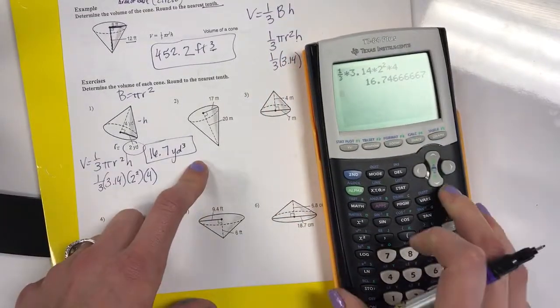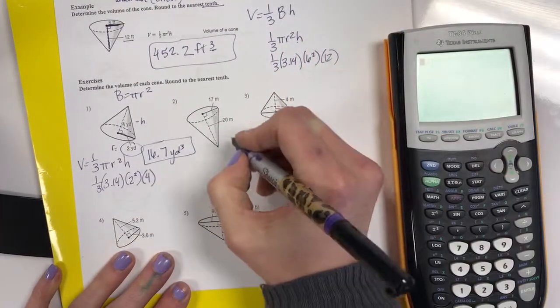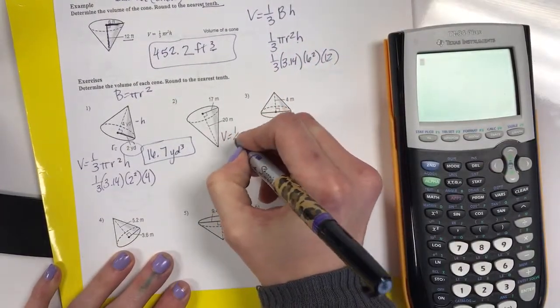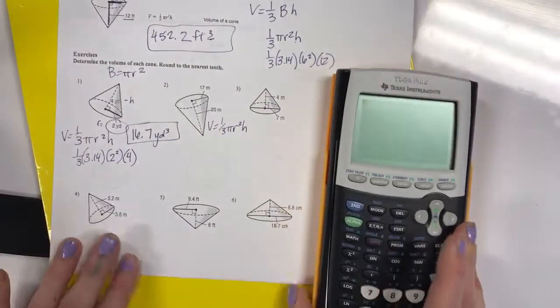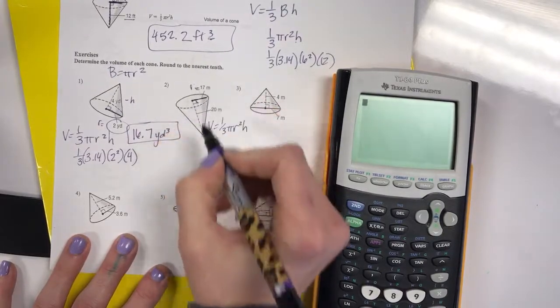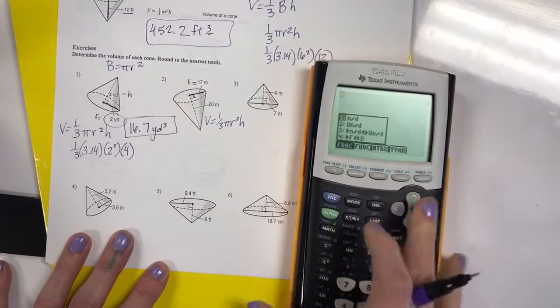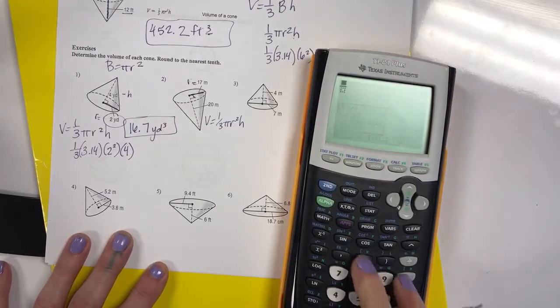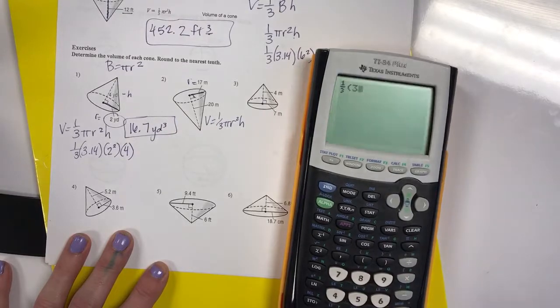Then on number 2, same thing. I write that formula down: volume equals 1/3 pi r squared times height. They gave me my radius, halfway across the circle, so that's 17. The height of the cone is 20. So alpha y equals, enter, 1/3 times 3.14.